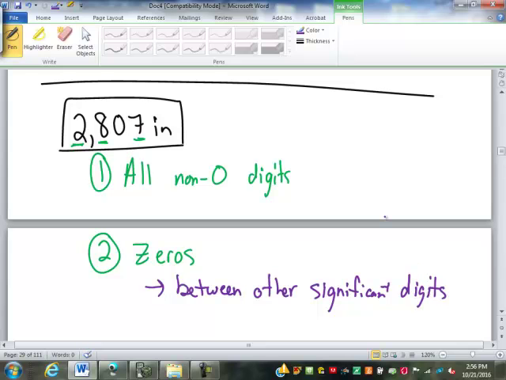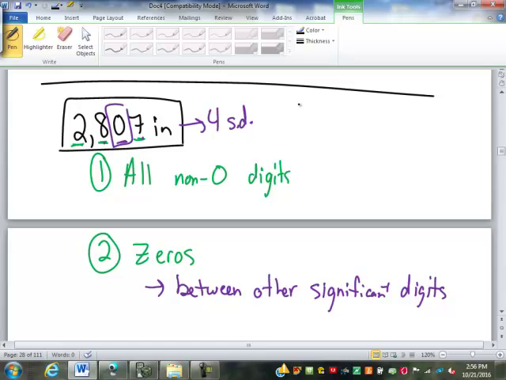So in this example I have up here, this 0 on this side of it has an 8 that's significant. On this side there's a 7 that's significant. So that 0 is significant. It is between other significant digits. So this number has 4 significant digits.